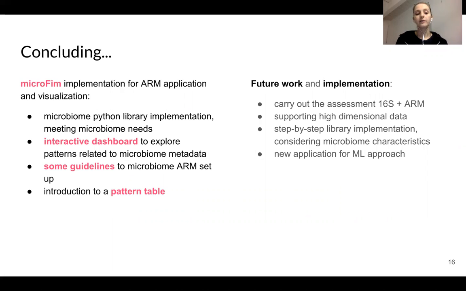It can provide some guidelines to set up the ARM analysis, and it can also introduce the pattern table. My future work, of course, is carrying out the assessment of 16S and ARM, but also supporting high-dimensional data and a step-by-step library implementation considering microbiome characteristics. And of course, I hope for a new application of machine learning approaches to microbiome data.